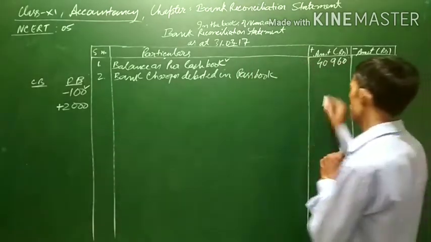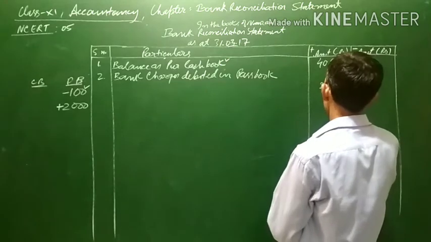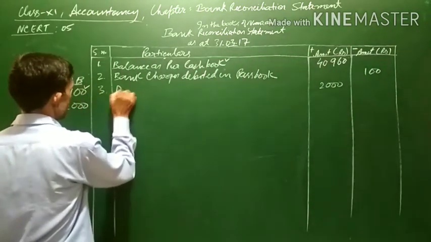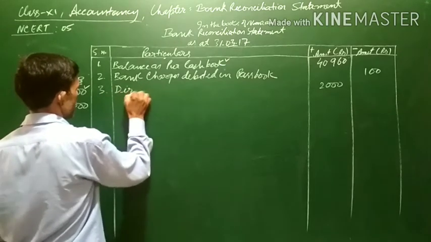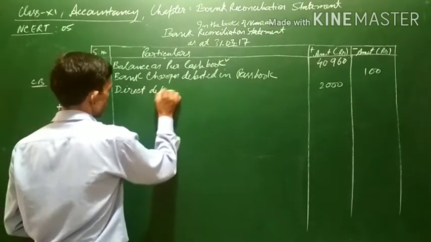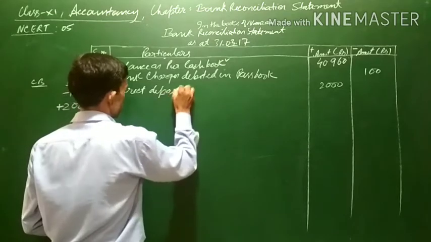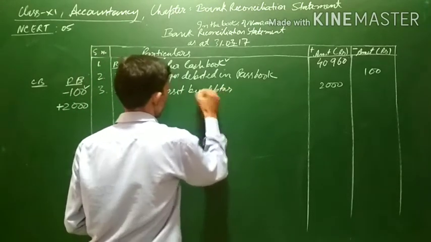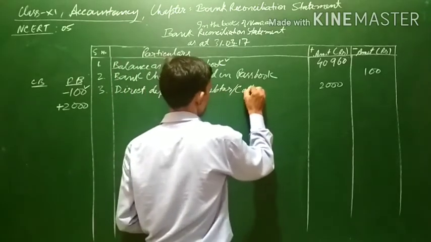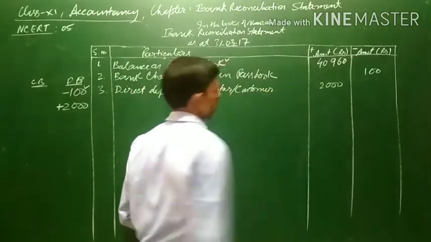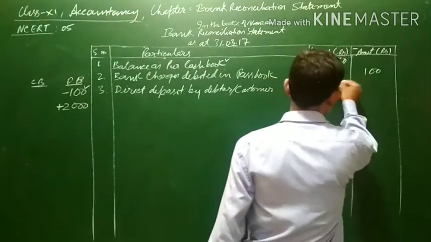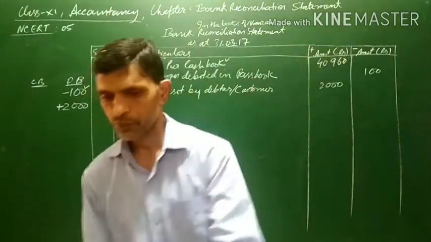Since 2000 excess will be showing, it will be shown in the plus column. It will be written in the bank reconciliation statement as direct deposit by debtor, or you can say customer. So with direct deposit by customer, 2000 excess balance will be reflecting in our passbook.